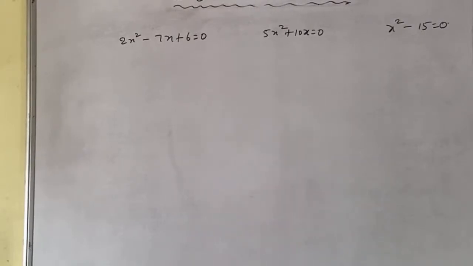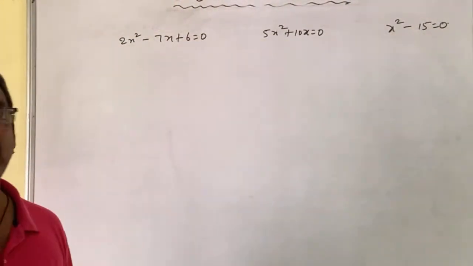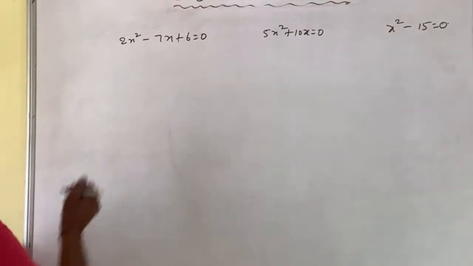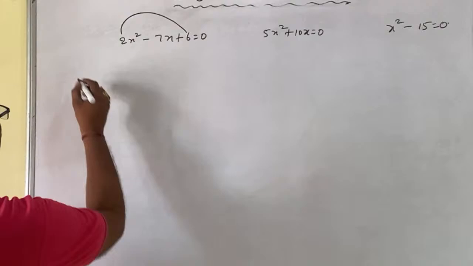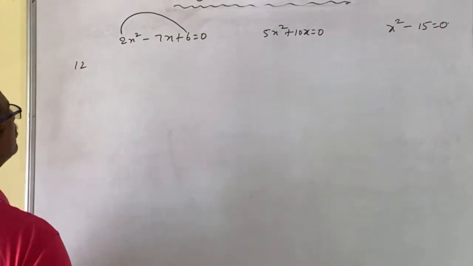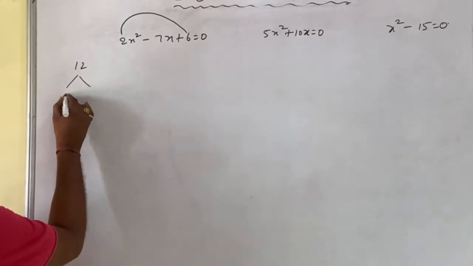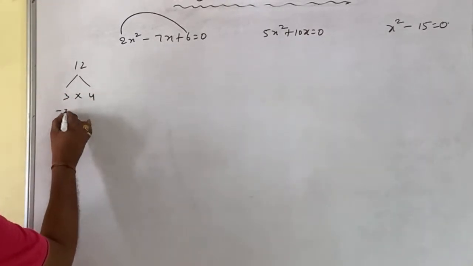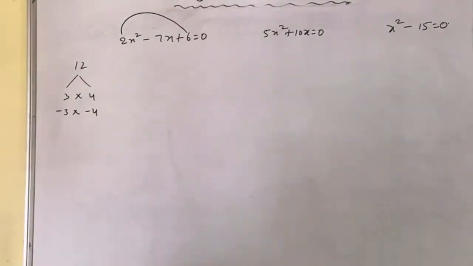Yes. Now see the first form, splitting the middle term. First multiply a into c, which is 12. Factors of 12: 3 into 4, minus 3 into minus 4, and the remaining also, 1 into 12, minus 1 into minus 12, 2 into 6, minus 6 into minus 2, and all those.